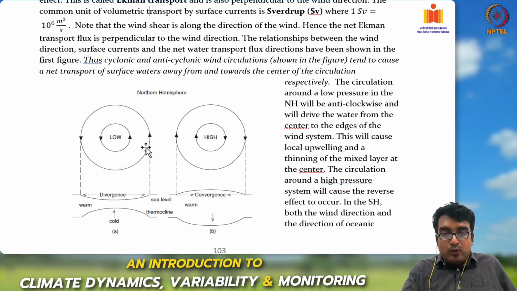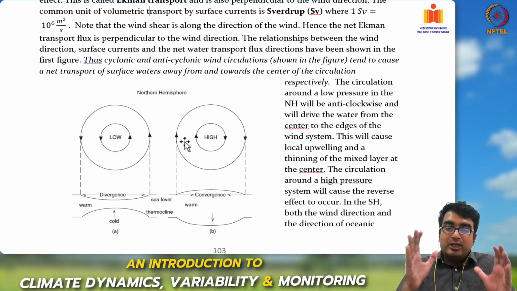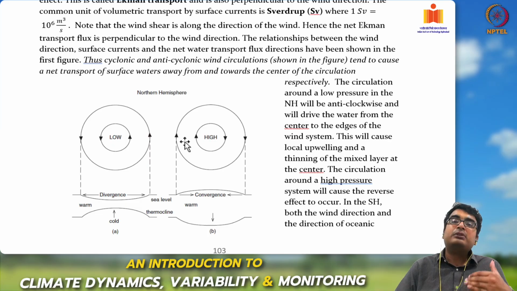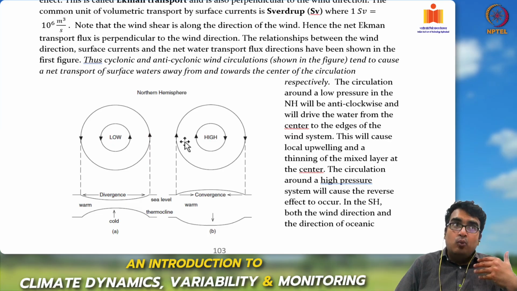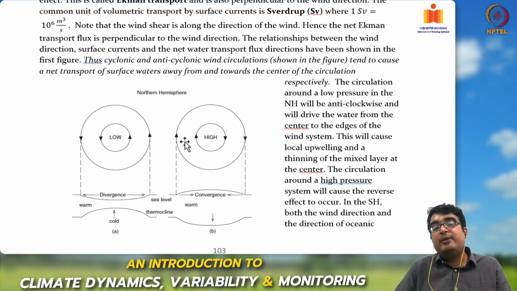So because it is going this way and you are looking at the left direction, again you will have a divergence. Similarly, in the high pressure zone, you will have a convergence. So the same effect in the southern hemisphere, because both the direction of the Coriolis force and the direction of the wind is changing. So the net effect remains the same. In both northern and southern hemisphere, you will see a divergence from the lows and a convergence on the highs.